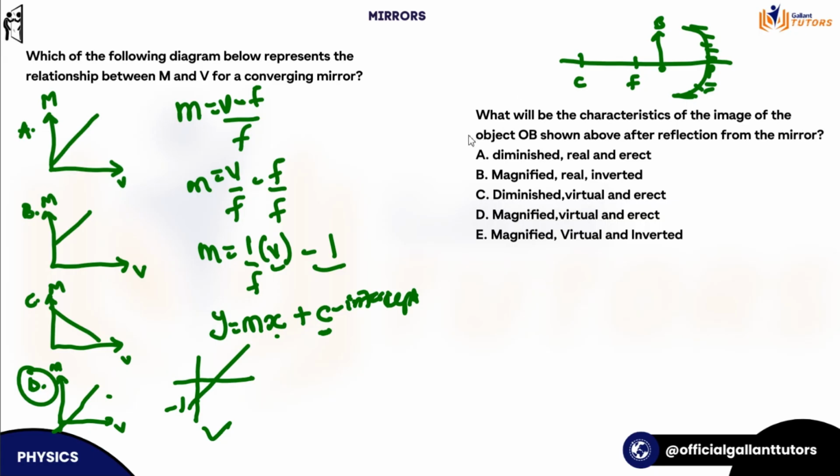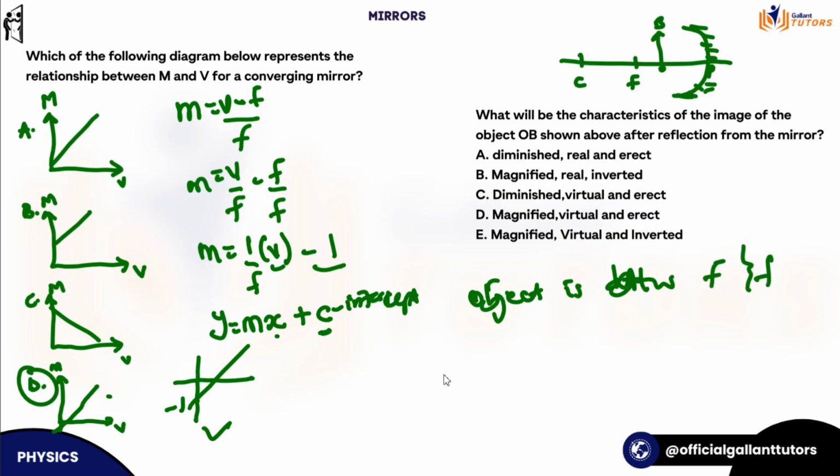All right, so now let's go to the next question. What would be the characteristics of the image of the object OB shown above after reflection from the mirror? Now, where is the object placed? It's placed between the pole and the principal focus. Now, what are the characteristics of the image when the object is between F and P?